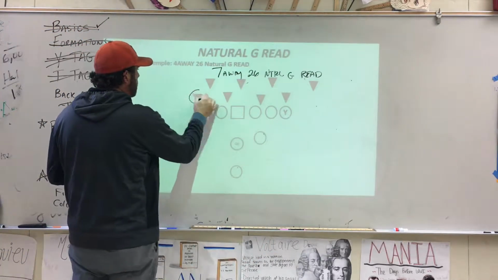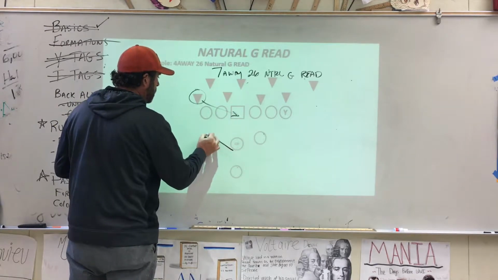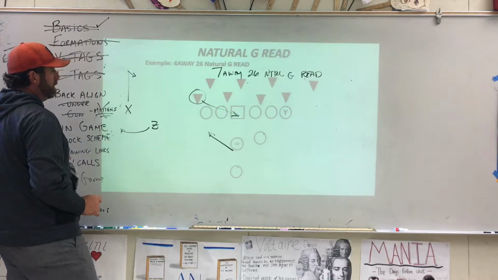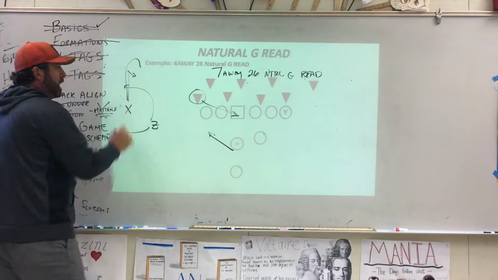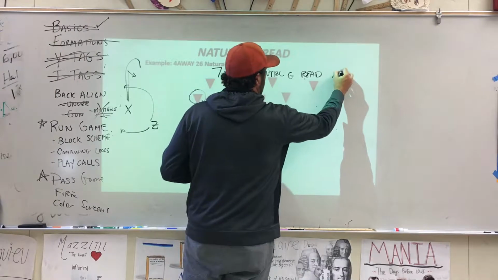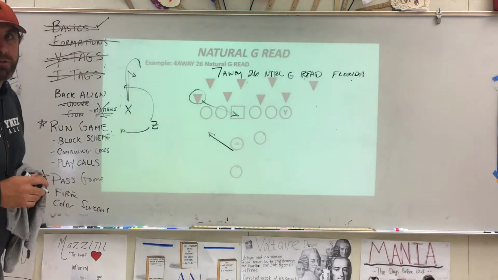So not only are we reading this guy, if he does crash, quarterback's going to pull, but then these guys are running maybe a little hitch bubble combination, or maybe a little curl out combination. And so that would be the curl out, for example, is Florida. So it would sound like this. So it'd be 7 away, 26 natural G, read Florida.